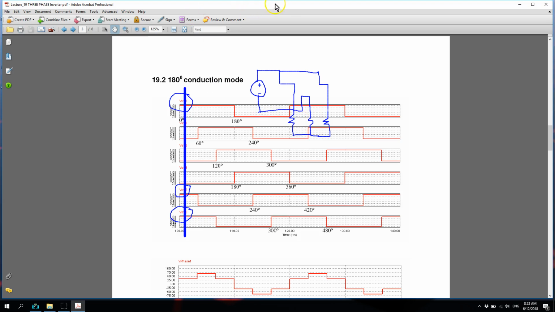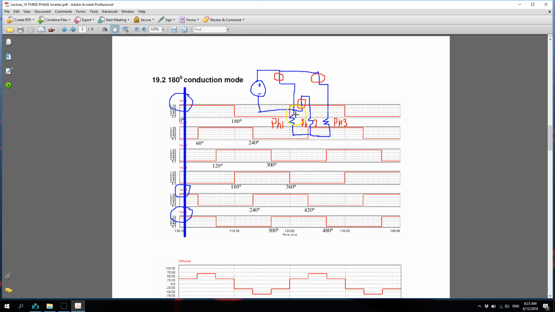Right, so now the path of the current will be through switch 1, switch 5, and switch 6, right? And therefore you have this as phase 1, phase 2, and we have phase 3 again, this particular resistor.